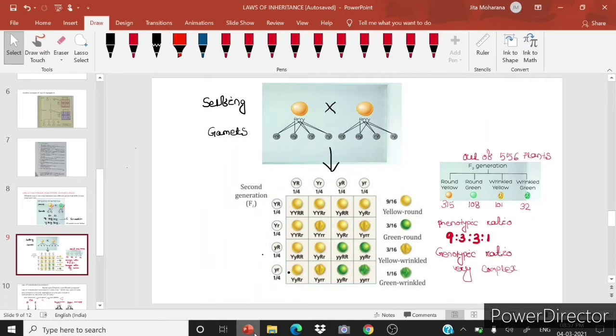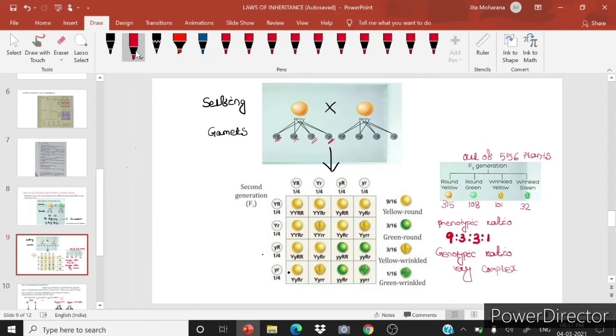When Mendel self-hybridized the F1 plants, he found that each plant produced the gametes capital R capital Y, capital R small y, small r capital Y, and small r small y.